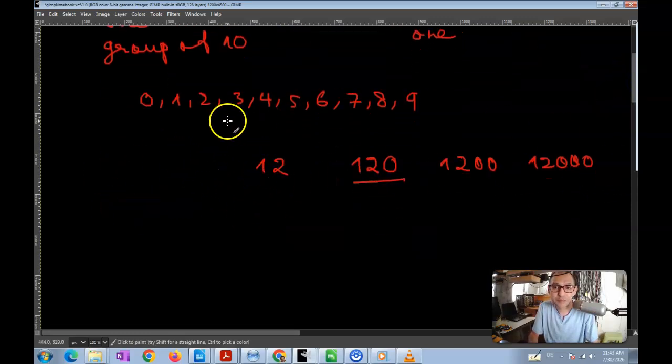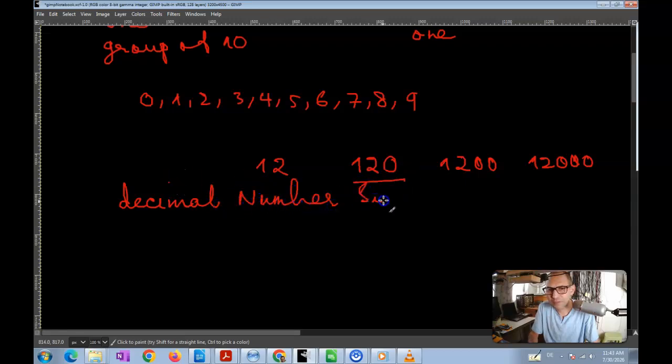the number system that we have today is called the decimal number system. Decimal means related to 10.